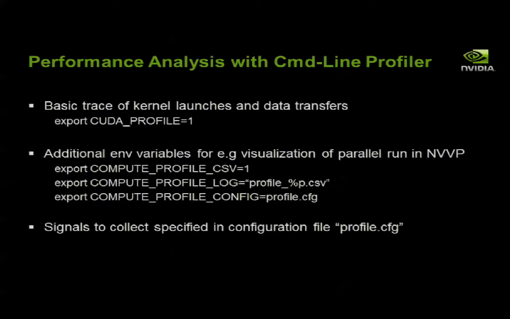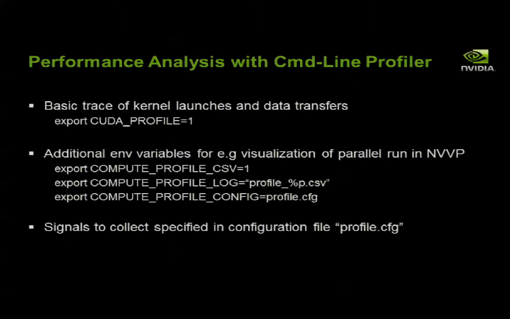Now, while the profile log is somewhat verbose and easy to read, it doesn't contain all the necessary information, and especially it's not in a form that can be used to then display some nice timelines of when exactly the kernel launches happened. So there are a few more environment variables that you might want to set when you want to use the command line profiler.